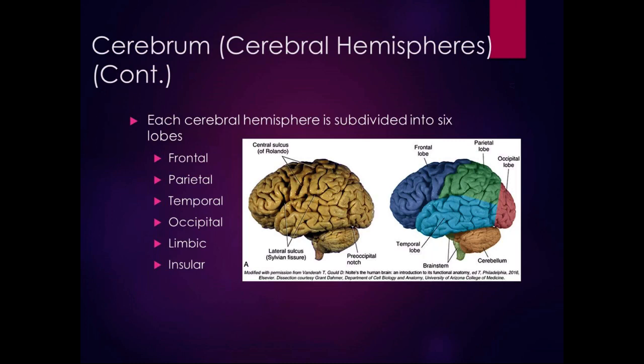The parietal lobe, a lot of the sensory and motor areas are there. The occipital lobe has vision. The temporal lobe deals with hearing and language. Very intimately connected functions. Limbic and insular lobes deal a lot with processing of emotions and arousal and attention. So a lot going on in the cerebrum.